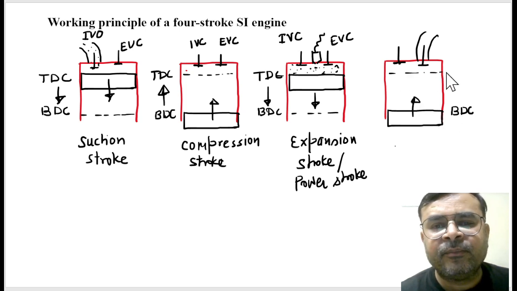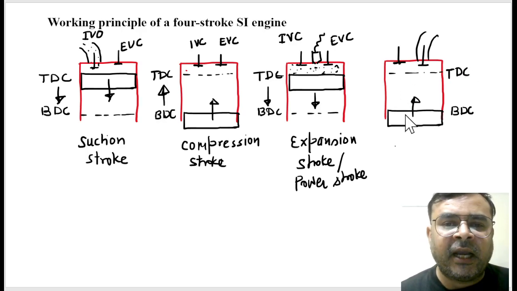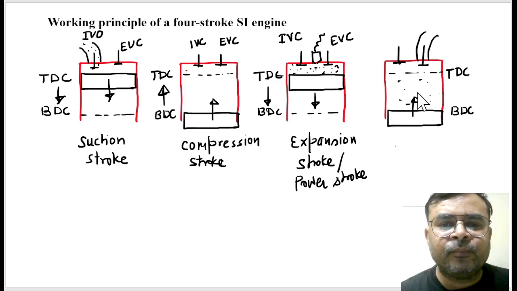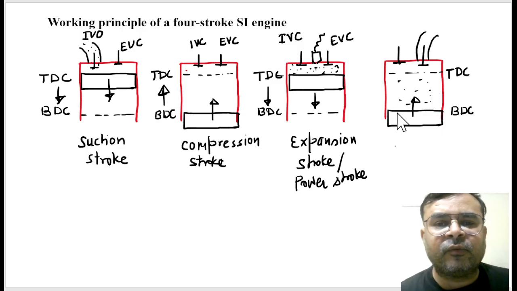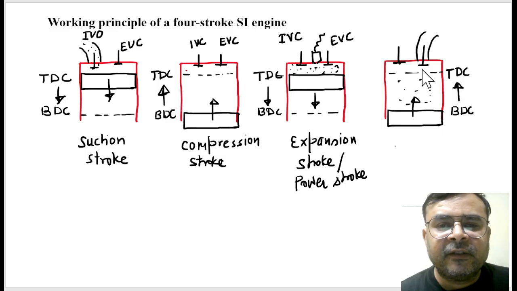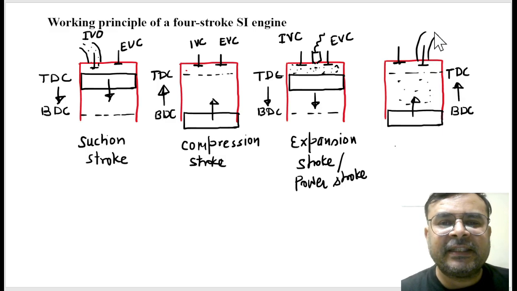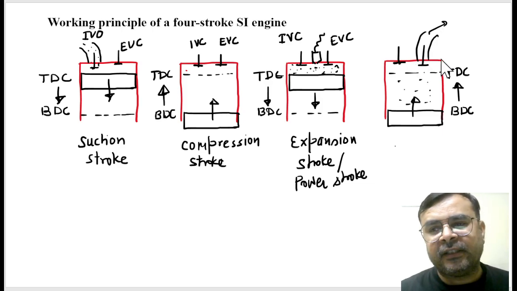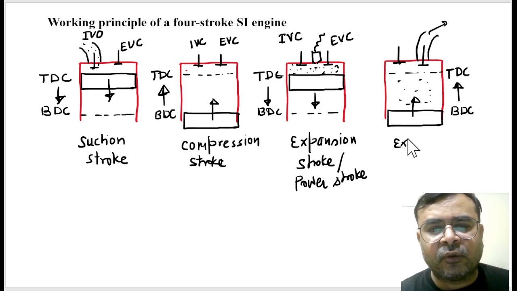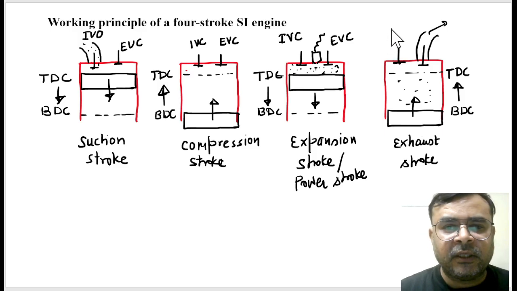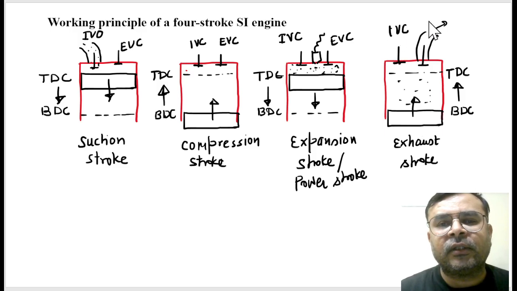Since the exhaust valve is open, and here we have the burnt gases, as the piston approaches from BDC to TDC, because of this open exhaust valve, these gases escape from the cylinder. Is it right? So this is called the exhaust stroke. Are you getting my point? This is the inlet valve closed and this is the exhaust valve open.